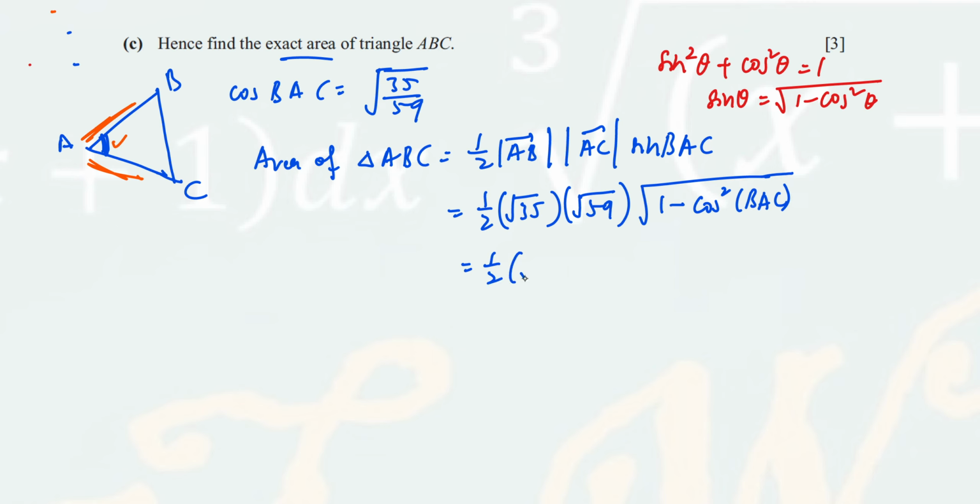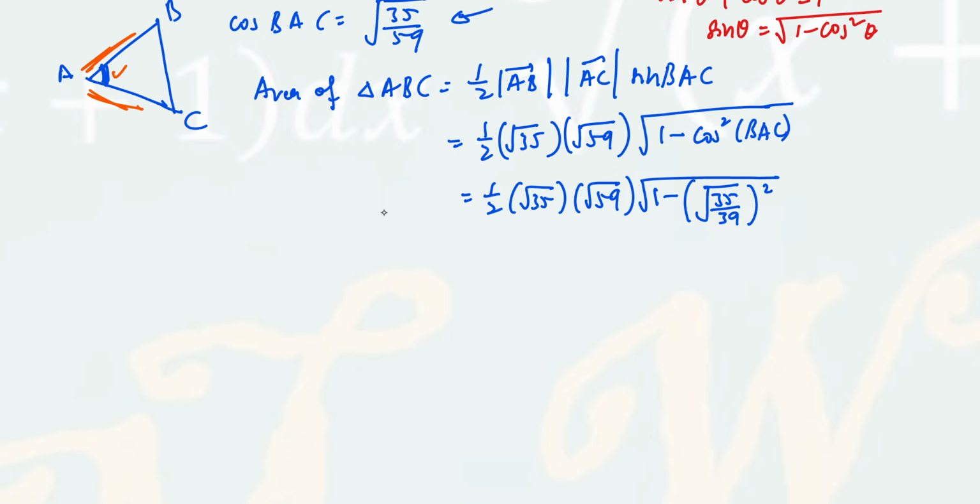Therefore, this is half square root 35 square root 59 square root of 1 minus the square of this. Then when I calculate the sine, this is square root 24 over 59.